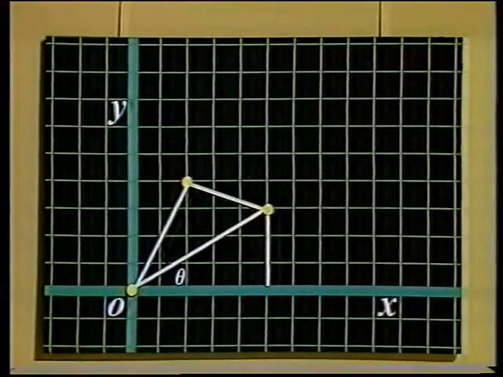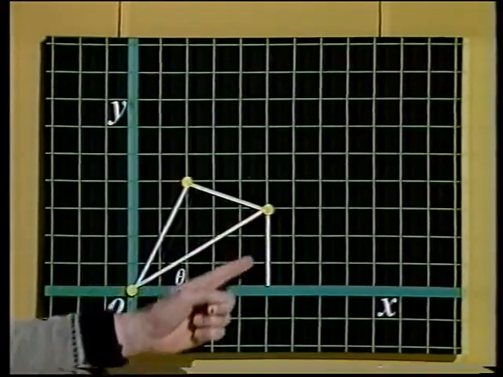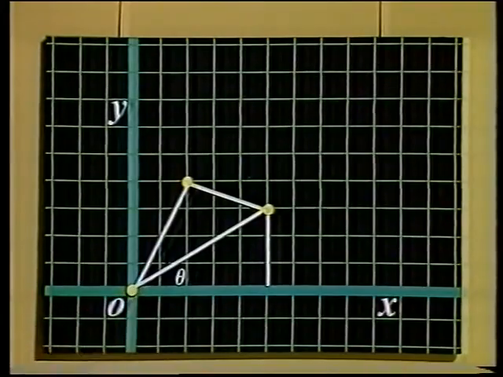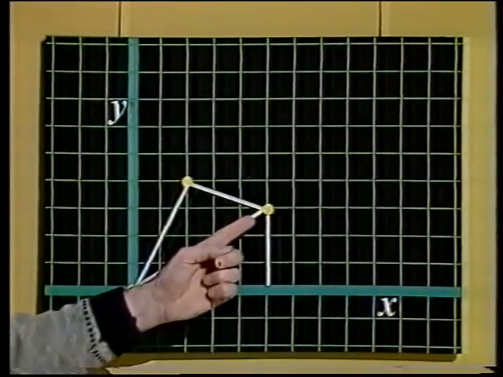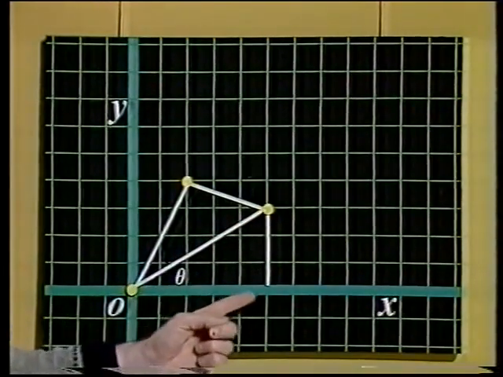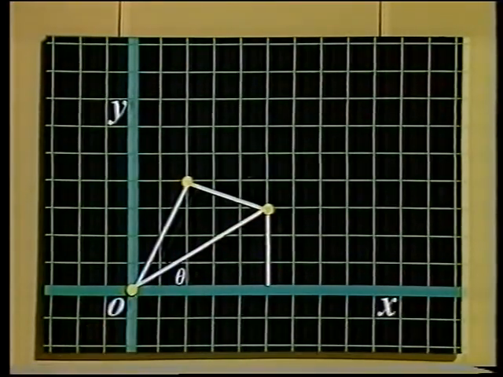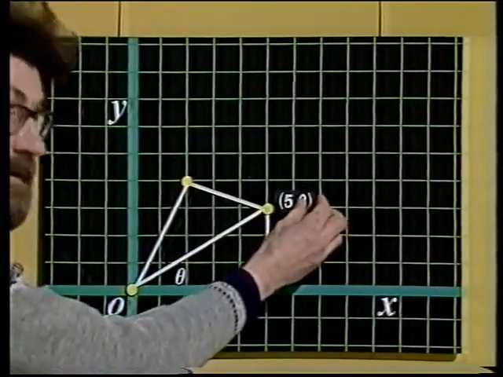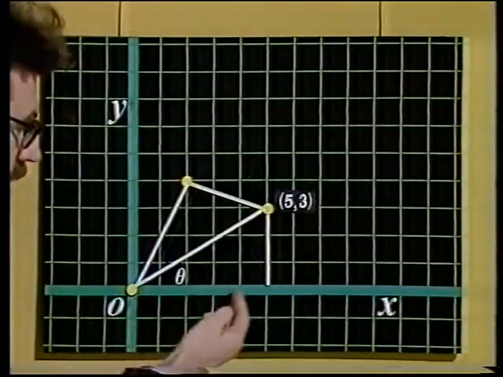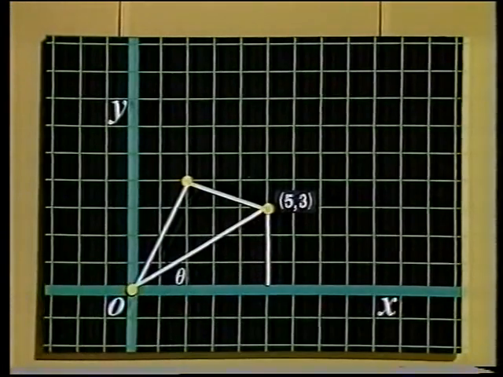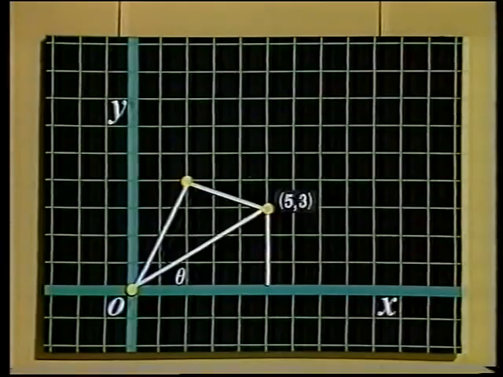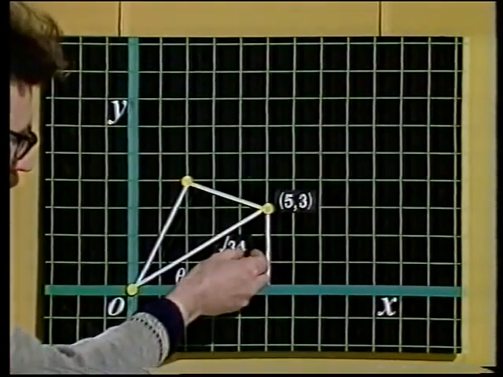Firstly, we need to know the length of the hypotenuse of this triangle. Well, by Pythagoras' theorem, the square of this length is equal to the sum of the squares of these lengths. This is the point 5, 3. So that's 5 squared plus 3 squared, 25 plus 9, which is 34. And so the length of the hypotenuse is root 34.